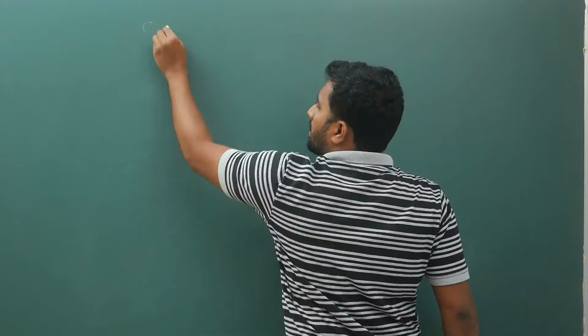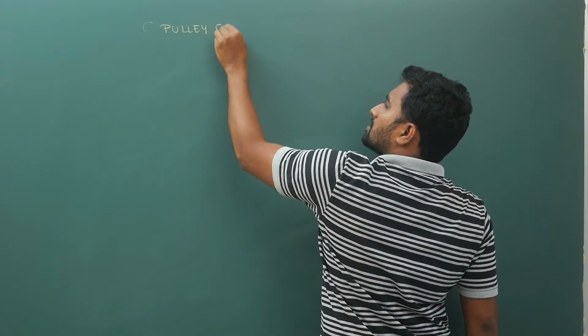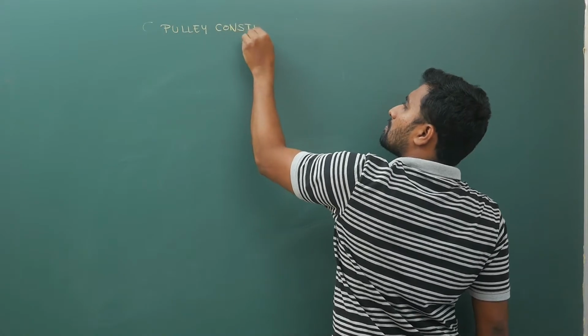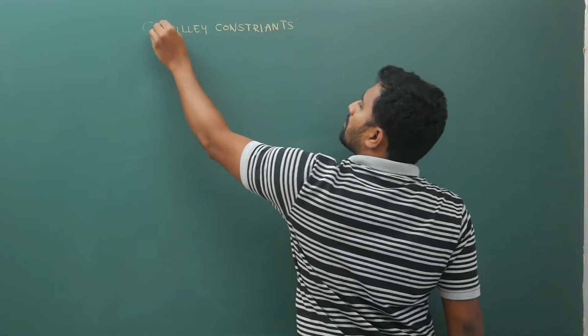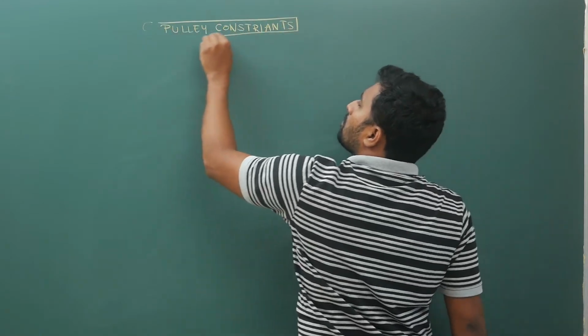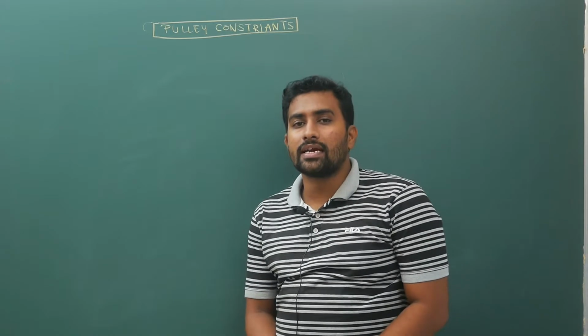So our heading is pulley constraints. Now, what is the pulley constraint?